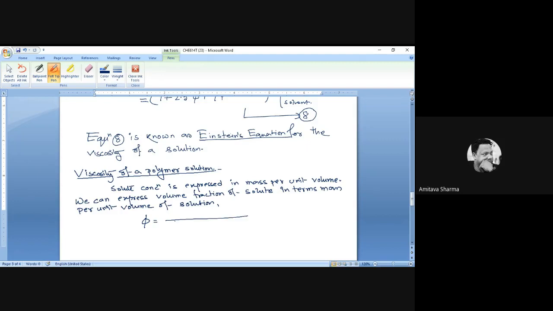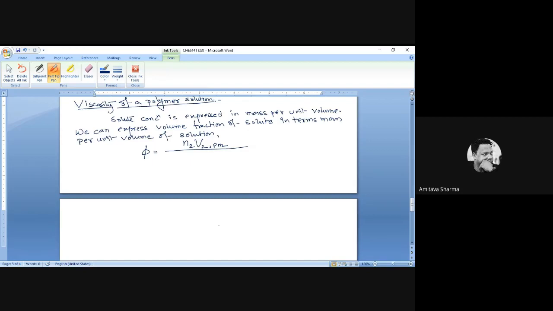How can we express it? Phi equals, with PM meaning partial molar volume, N1 V1 PM plus N2 V2 PM.